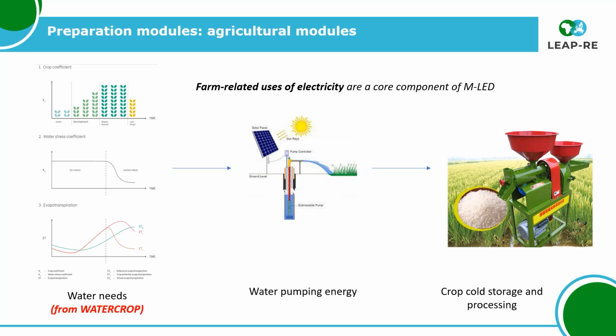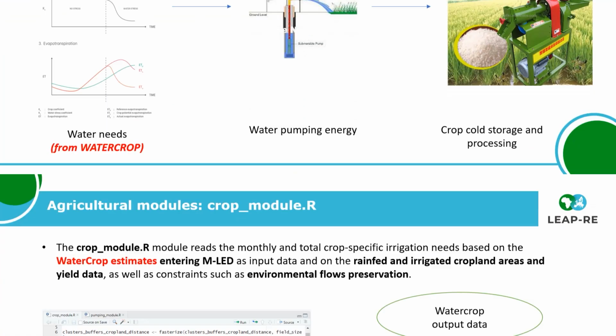And then we have a cold storage and processing module that estimates the energy requirements to process and store the local production from crops, according to certain policy targets of how much local processing we would like to achieve in the future in a given area.